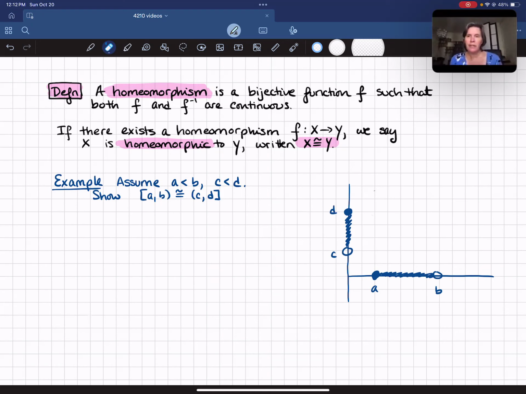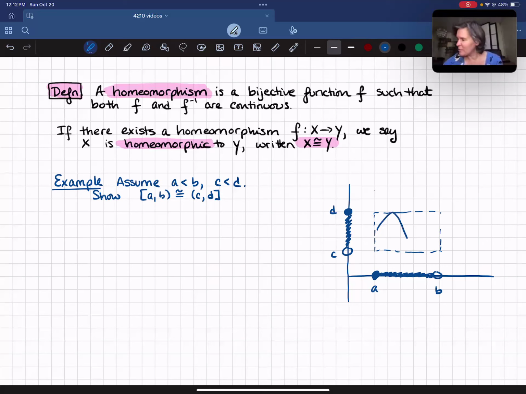So I want a function that sort of lives inside of this rectangle right here. And I want it to be one-to-one and onto, and I want it to be continuous. So I don't want to do something completely wacky.